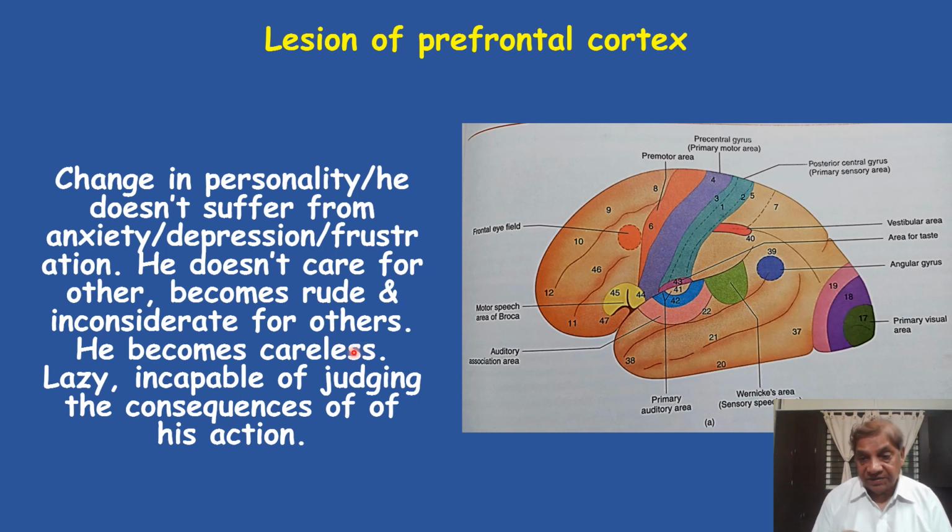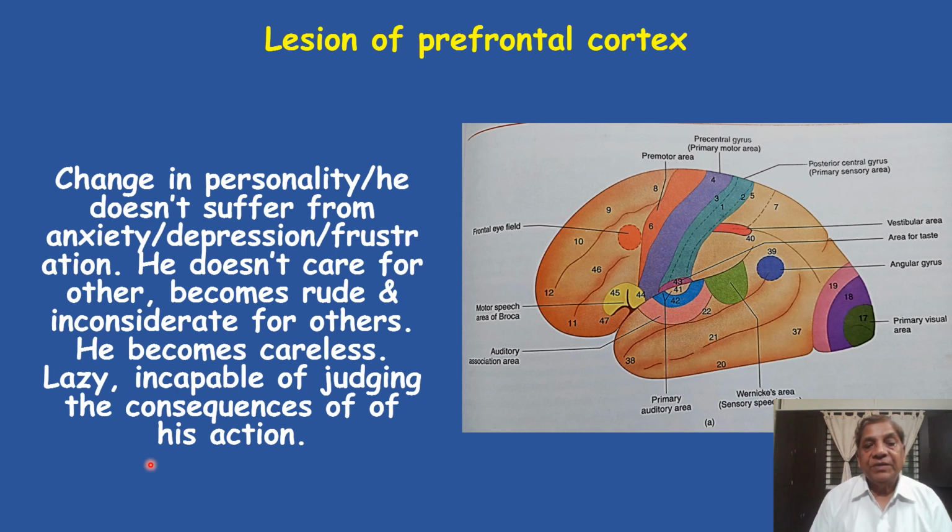He will become selfish. What I mean to say is, he becomes careless also. He is not bothered about his clothing, he is not bothered about his hair. He can do something which is not permissible in front of others. He becomes lazy, incapable of judging. That means he cannot have judgment itself.